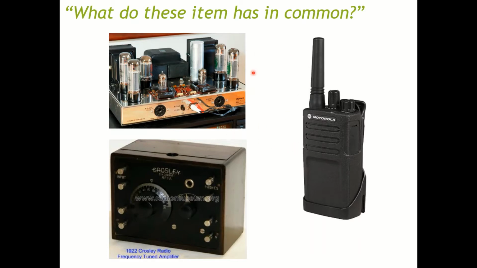The audio amplifier, you want to tune your music to the correct frequency that you want to have the effect on, or the radio amplifier. So basically all of them inside have a tuned amplifier. So the topic of today, we will see how we can design and how a tuned amplifier works.